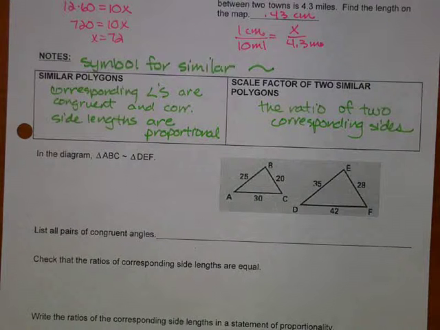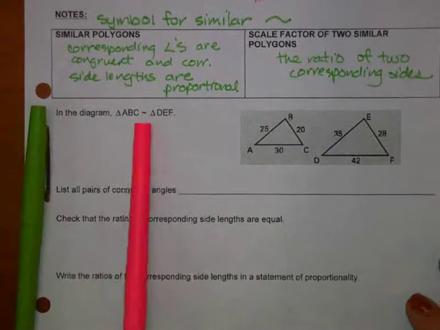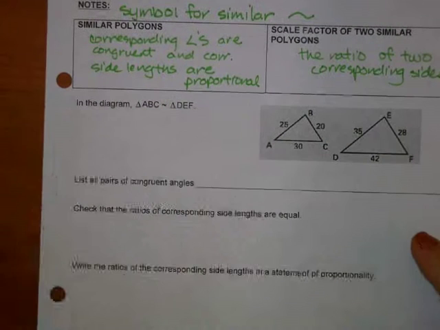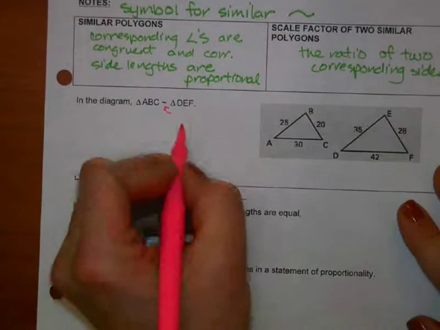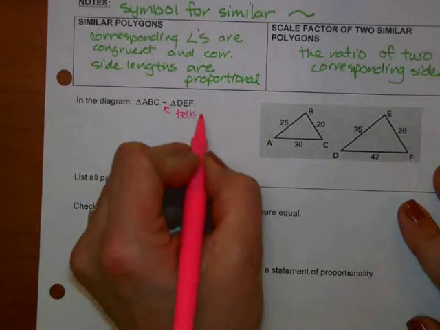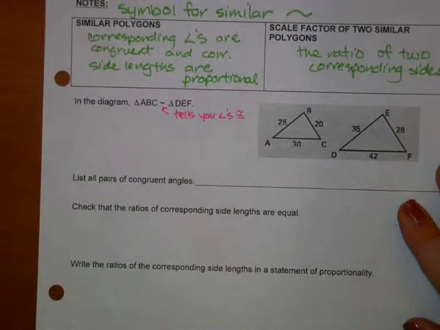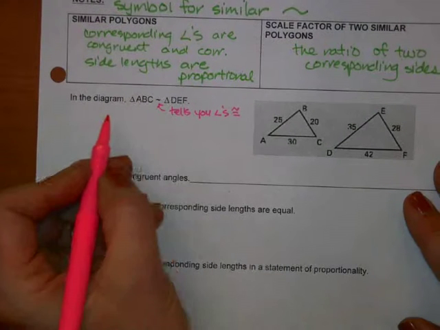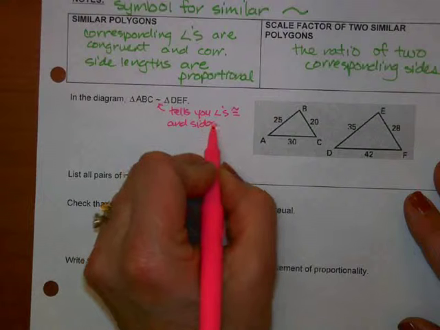All right. Let's work with this a little bit. In the diagram, triangle ABC is similar to triangle DEF. If you see that symbol, remember that tells you that the corresponding angles, I'm abbreviating here, are congruent, and the sides are proportional.